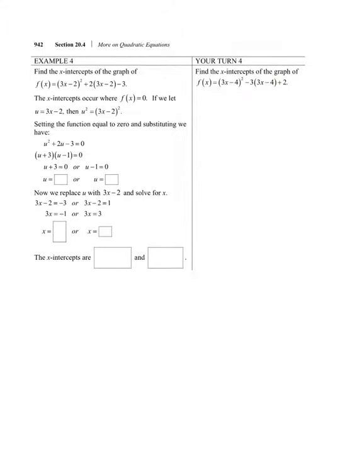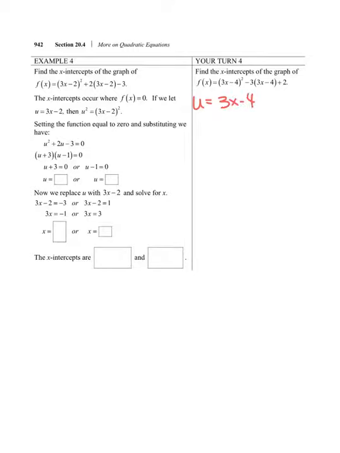Okay, and example 4, find the x-intercepts of the graph of f of x equals 3x minus 4 squared minus 3 times 3x minus 4 plus 2. So in this case, u is going to be equal to the 3x minus 4.